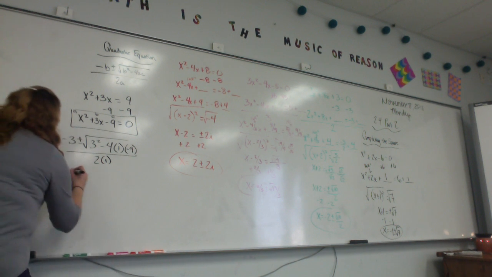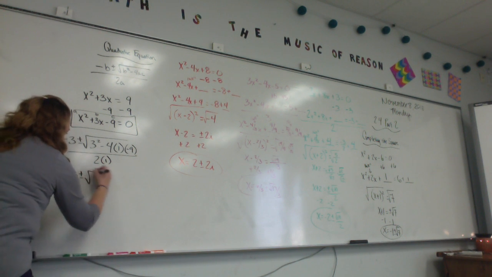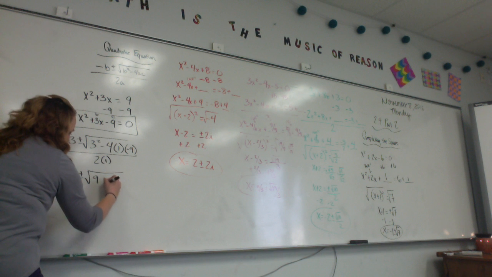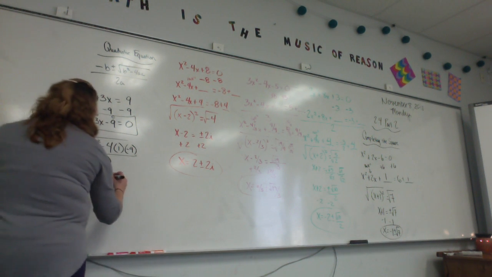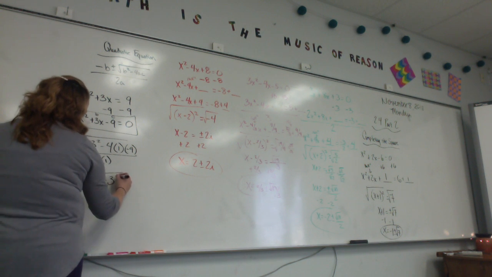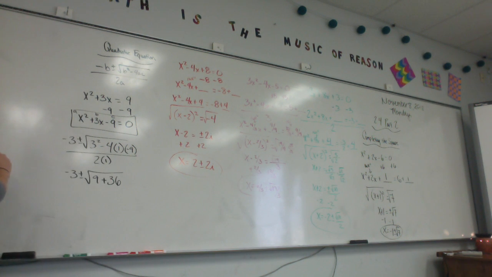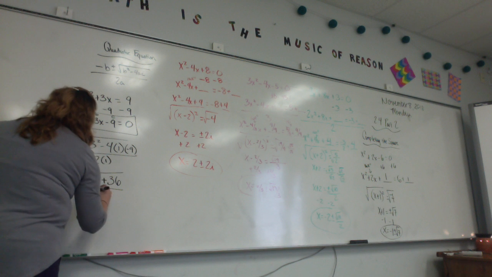So I get negative 3 plus or minus the square root of 9 plus what is 4 times 9? 9 times 4. 36. All over 2.